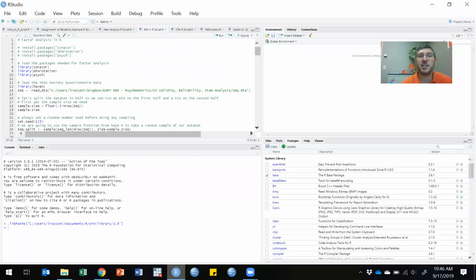So let's open up RStudio. If you haven't already, you'll need, I think you already have the psych package installed. You also need these two other packages installed for this session. The first time you do it, you have them installed on your computer, and you don't have to do it again.